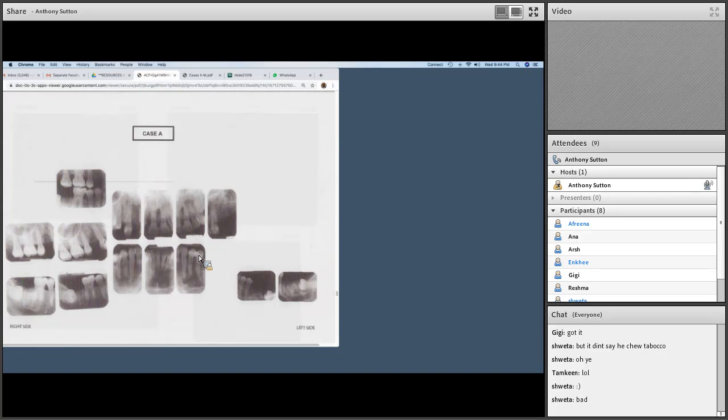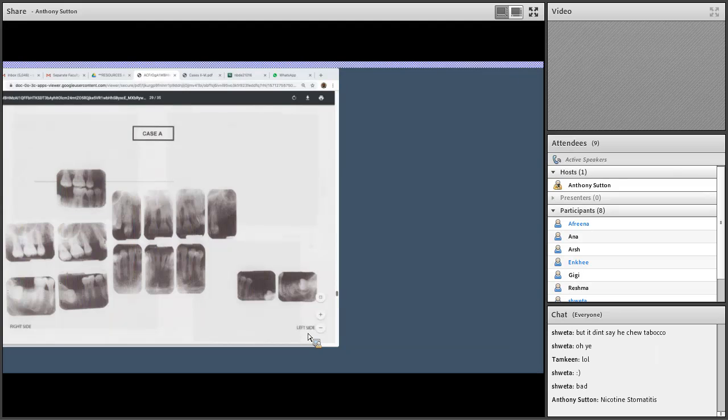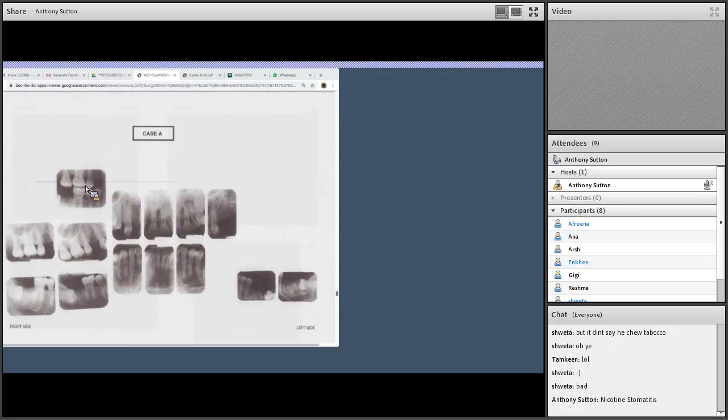And then from these beautifully taken full mouth x-rays, we can see that, in fact, he does have periodontal disease because we do have attachment loss, right? We have CAL. That was nicotine stomatitis. I meant to drop that in earlier.